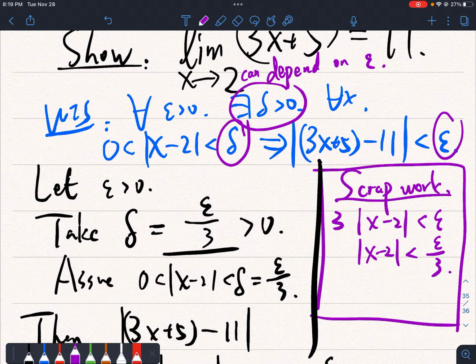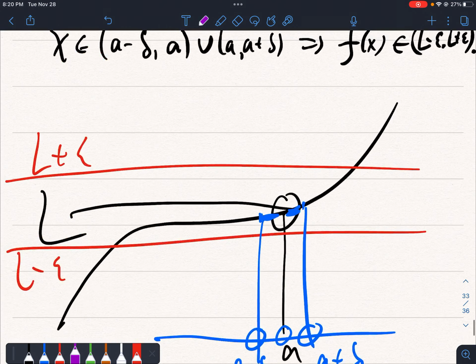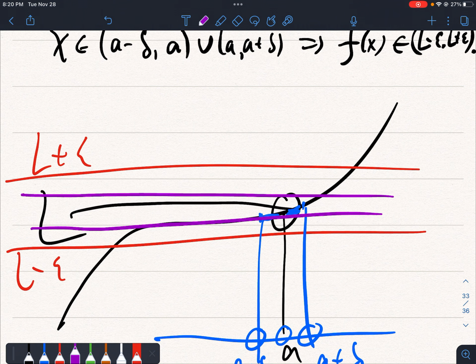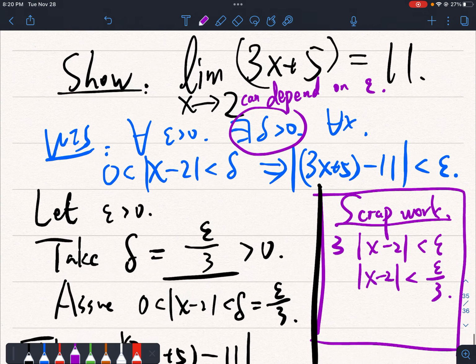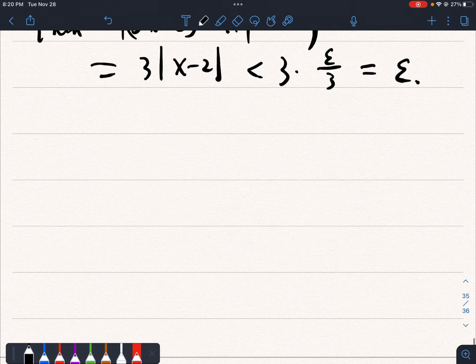And then for each epsilon, this delta should be smaller, right? When epsilon is smaller, delta should also be smaller. Then it makes sense. Because like this interval, when you take a smaller epsilon, then you have a smaller open interval around x. So this delta should also be smaller as epsilon becomes smaller, but still positive.